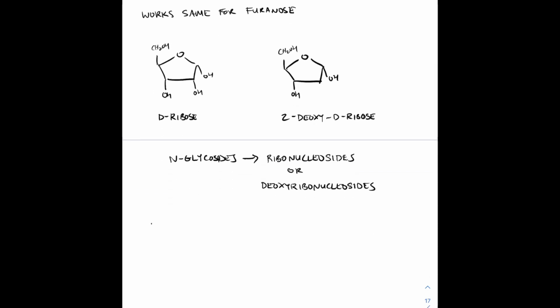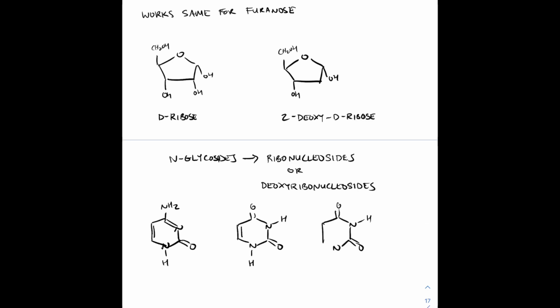Okay, and it's done in the same manner, where that nitrogen is going to come in and attack an oxonium intermediate. But now our nitrogen nucleophile is a very specific base, right? And they're all going to be very, very similar structures to one another, and so that makes it easy for us to remember them.